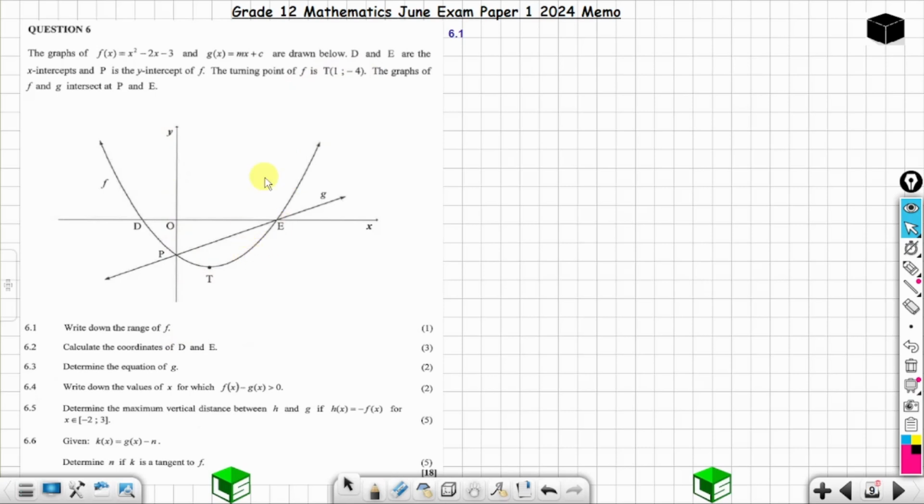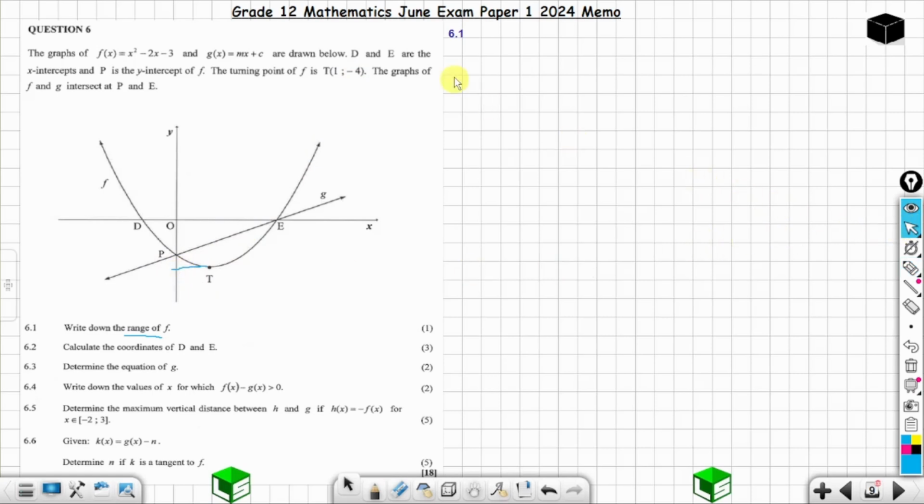You are given the coordinate of the turning point. So this graph starts at -4. The range is always obtained on the y-axis, -4 all the way to positive infinity. -4 is included.